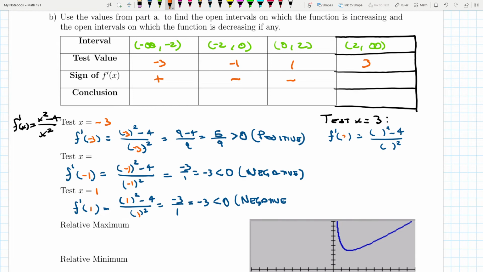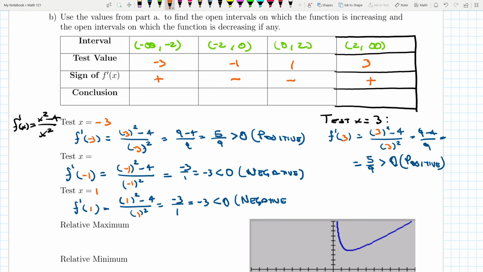Let's plug in the 3. Basically the same as before: 9 minus 4 over 9, which is 5 over 9, which is positive. And let's fill in the table with a positive sign.